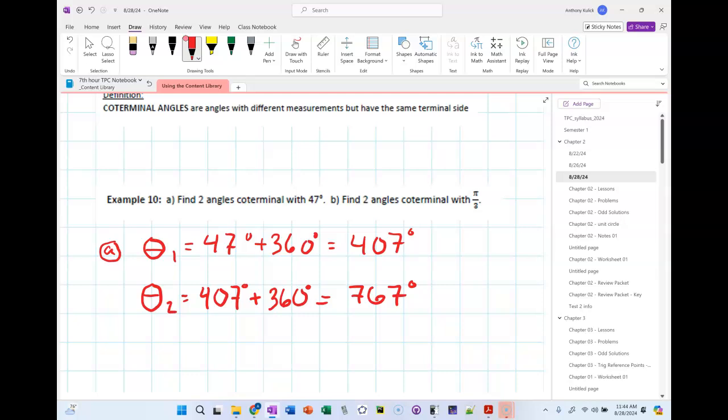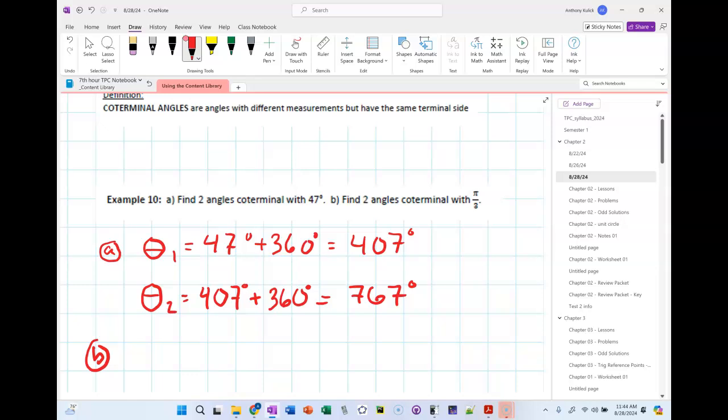Or I could have started by subtracting and subtracted each time. Or I could subtract one and add one. It doesn't matter. Does everybody feel okay there? Yes, Max. Yes. So I could have done 47 minus 360, gotten an answer. And I could do 47 plus 360 and get an answer. Or I could take my 47 minus 360 answer and then subtract 360 again.